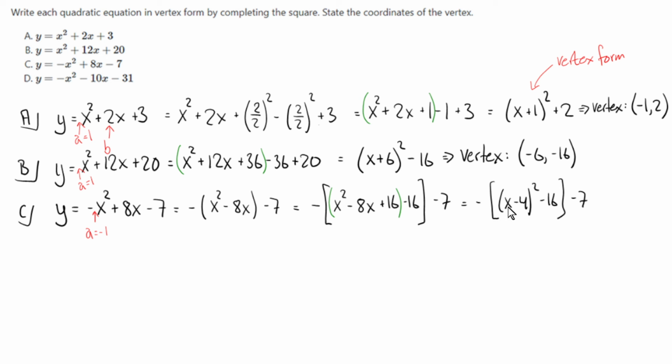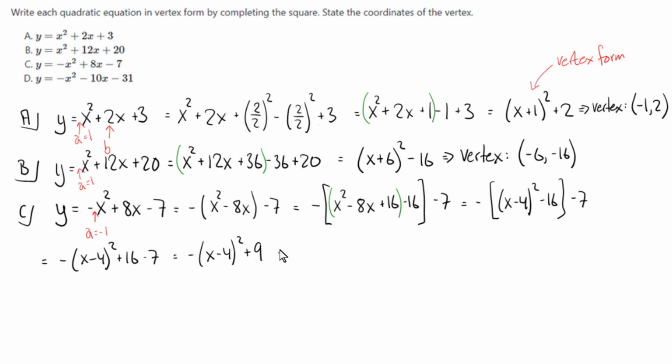We're multiplying it back in. And that means we're going to get negative x minus 4 squared plus 16, and then the -7. And then the only thing that now remains is to combine the like terms, the two numerical constants, 16 minus 7. So 16 minus 7 is 9.